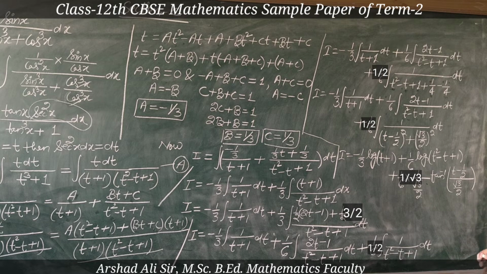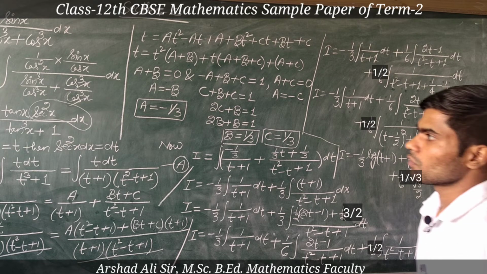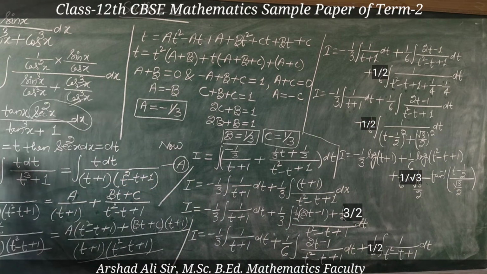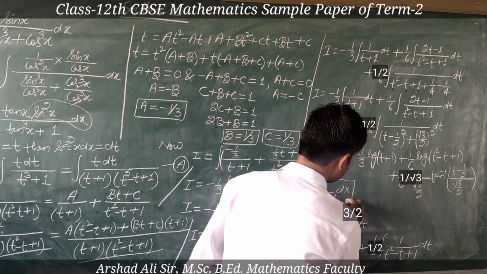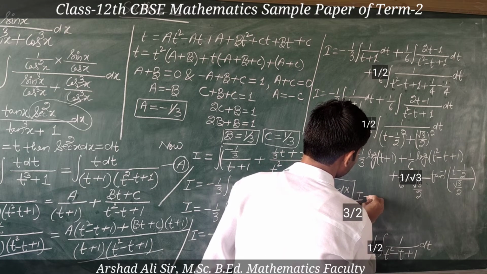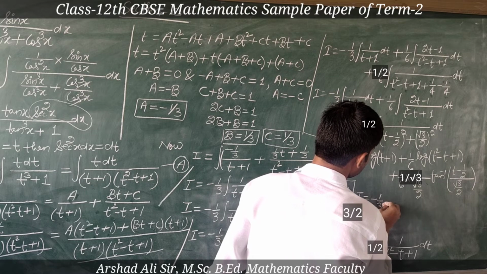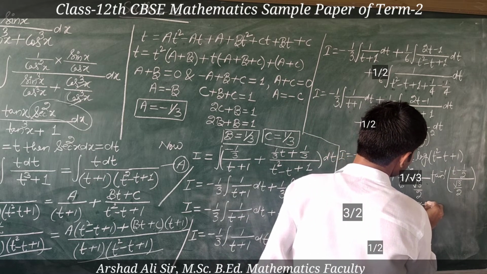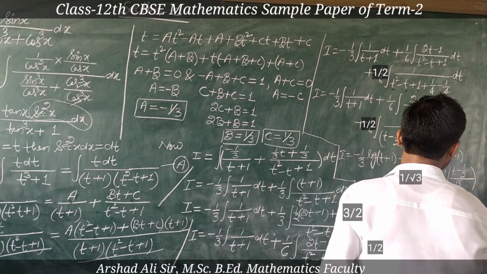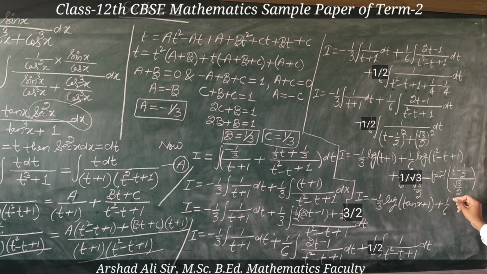Okay. Now we can put the value of t. What we have written, tan x is equal to t. Now we will write tan x instead of t. So in the last line we can write I is equal to minus 1 upon 3 logarithm of (tan x plus 1) plus 1 upon 6 logarithm of (t square minus t plus 1). It means tan square x minus tan x plus 1.